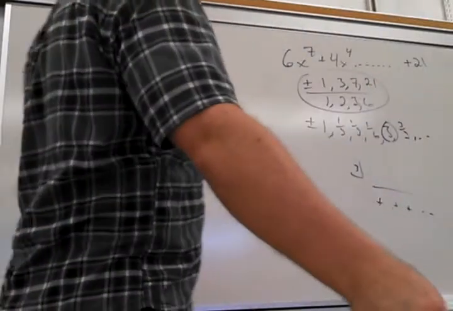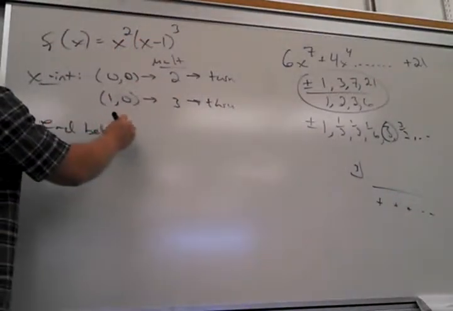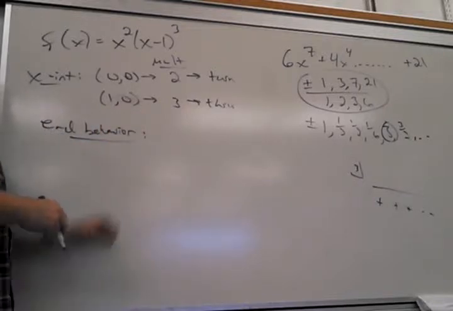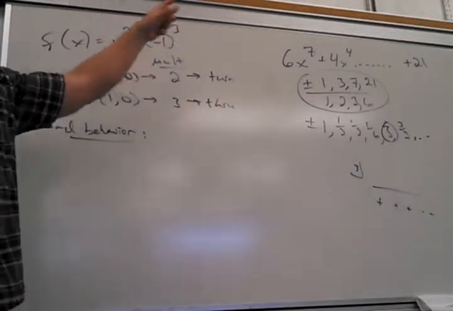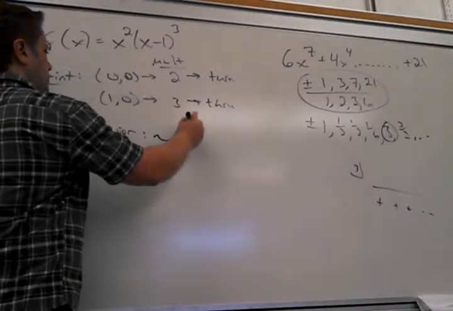How would you figure out the end behavior for this function? Can you tell me the highest power if you multiplied that out? Do not multiply that out. So this is going to be like x to the 5th.